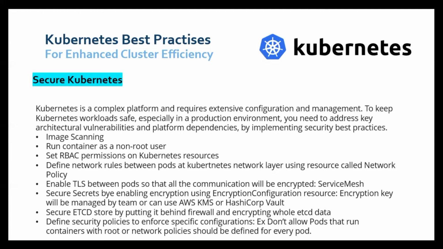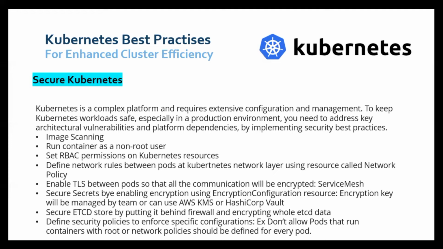If that secret object is not secured, definitely anyone can read the secret object, find all those base64 encoded credentials, and decode them as well, because it is very easy to decode base64.